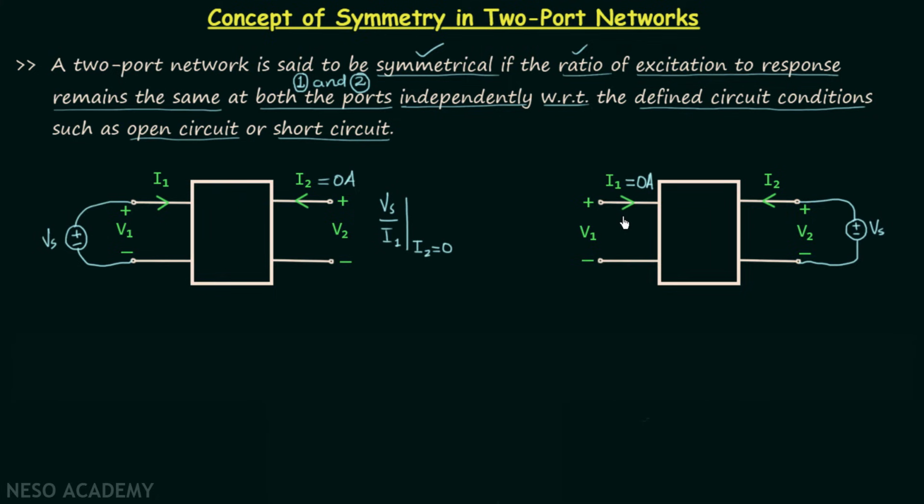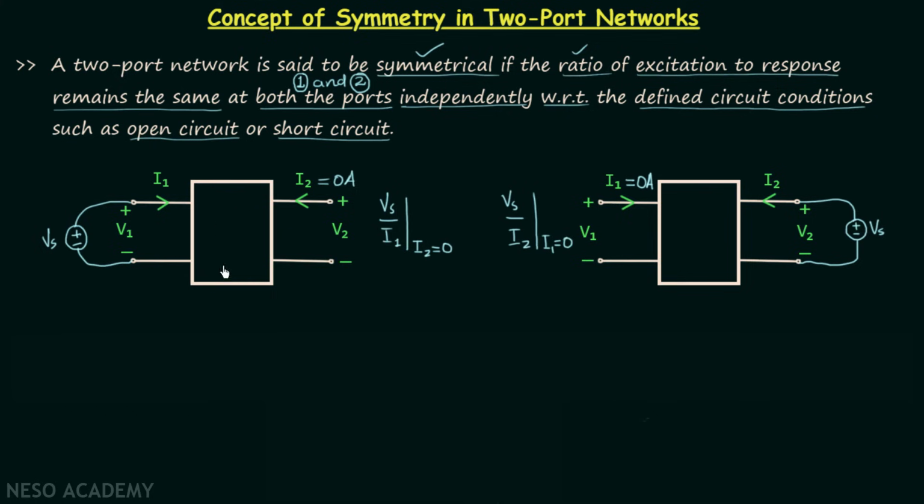Now the ratio of excitation to response will be Vs over I2, and the defined circuit condition is port number 1 is open circuited, therefore I1 is equal to 0.